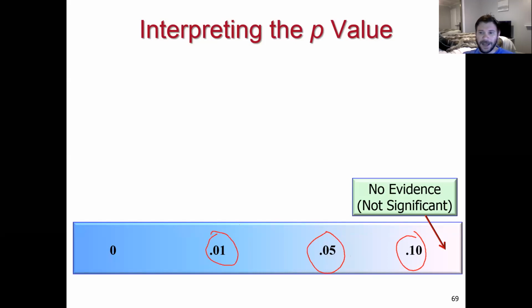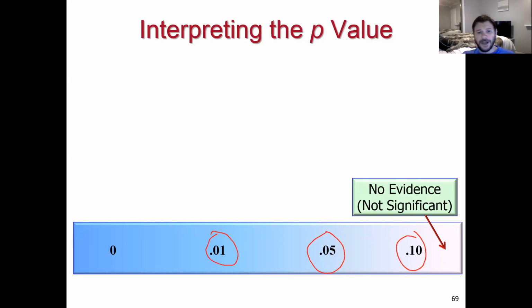So if a p-value is larger than 10%, that means we would not be able to reject the null hypothesis even at a 10% level of type 1 error that we're willing to accept. So if the p-value is relatively big, how big? Bigger than 10%, I would not be able to reject the null hypothesis in any of those three cases of using alpha at 0.01, alpha at 0.05, or alpha at 10%.